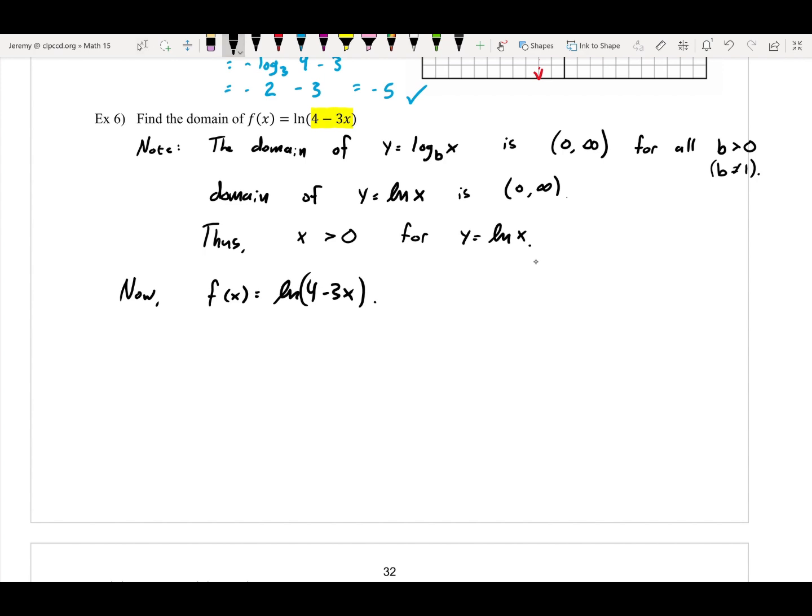So we're going to set 4 minus 3x strictly greater than 0, and solve for x. Okay, how about I add 3x to both sides?